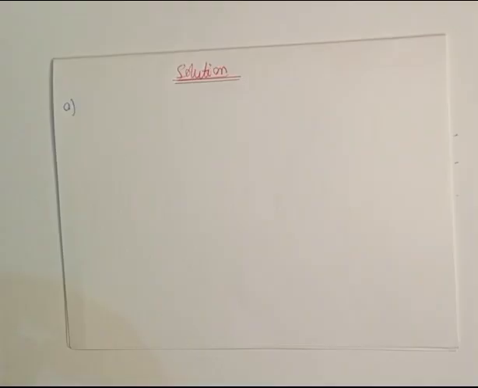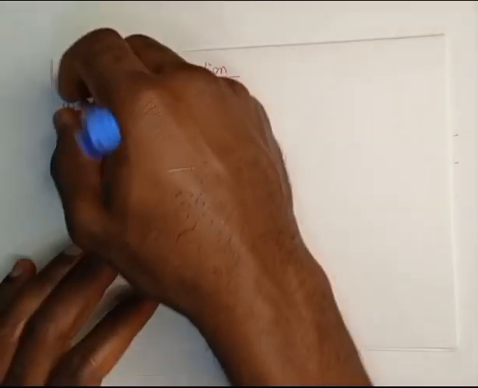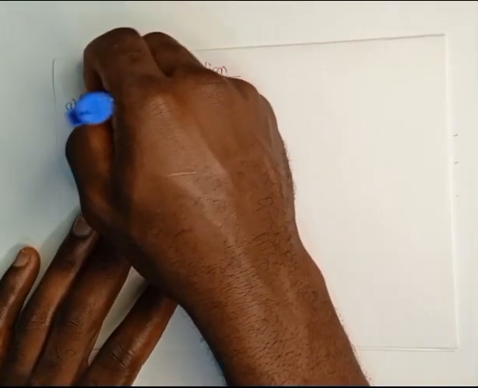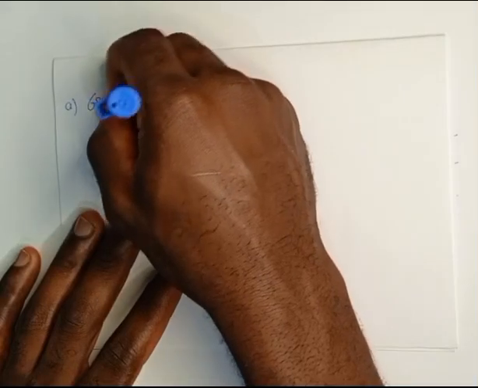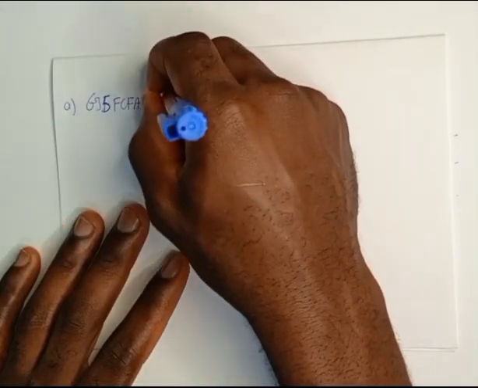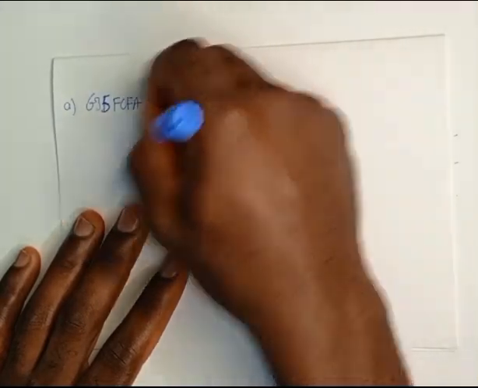A. We are converting from a lower currency, which is the franc CFA, to a higher currency, which is the dollars. For us to perform this conversion, we are going to divide the amount by the exchange rate, which is 635. We know 635 francs CFA is approximately $1.